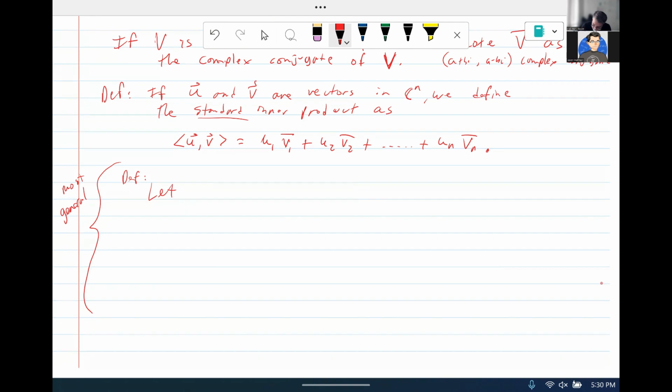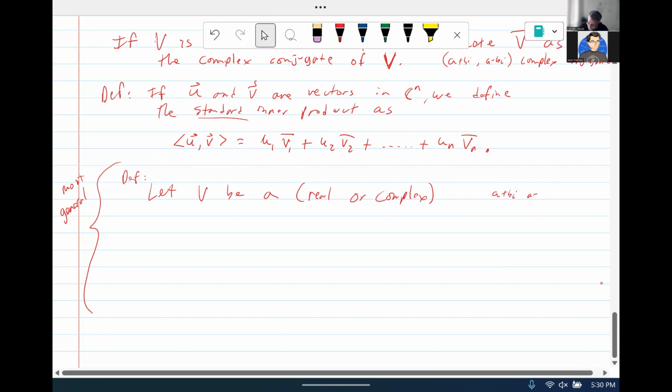Let V be a real or complex vector space. If the numbers are real numbers, then this becomes kind of trivial because the conjugate of a real number is a real number. Unless you have an imaginary component, you don't really have a conjugate. Again, we go back to a plus bi and a minus bi.